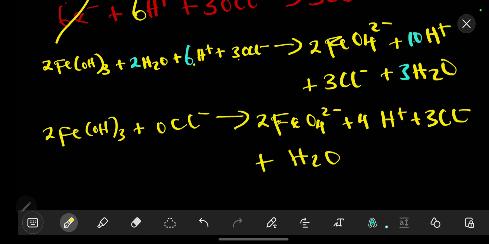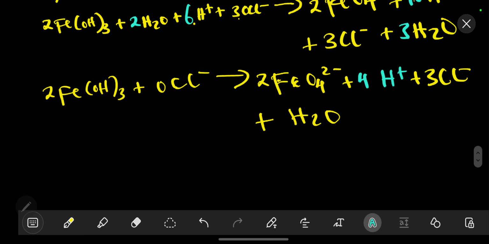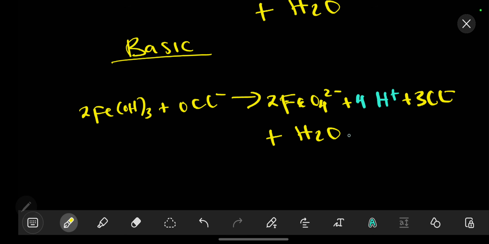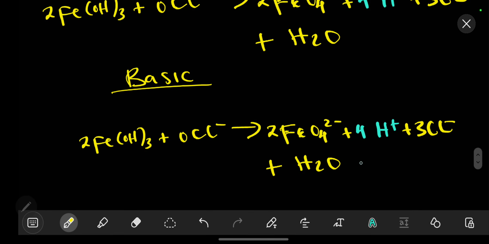Now whenever you see hydrogen as the only positively charged ion, it means the equation is balanced in acidic media. To balance in basic, we just take the same equation and add 4 OH on both sides, since there are 4 hydrogens.